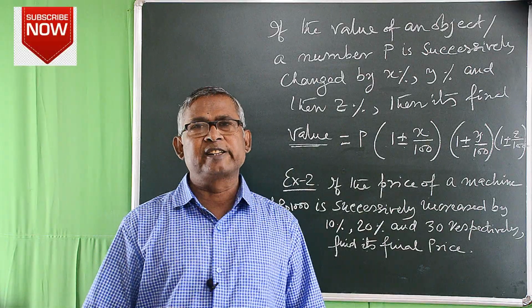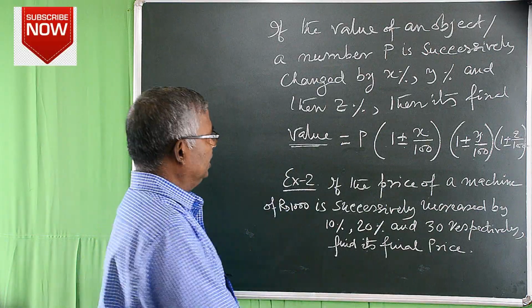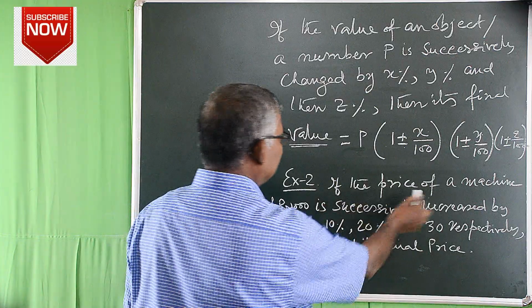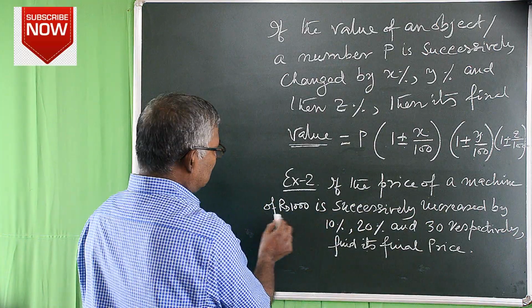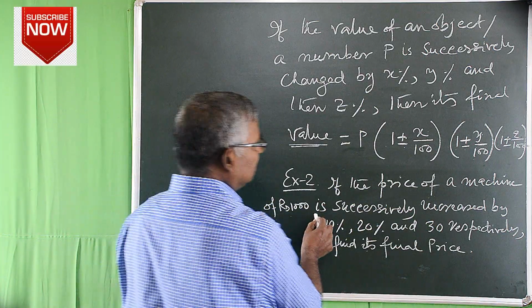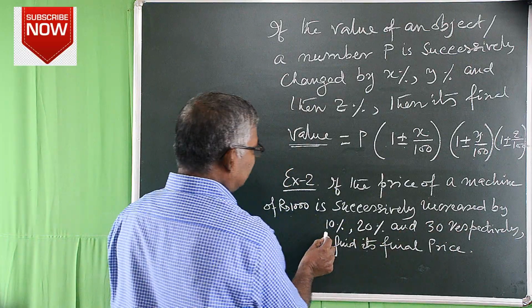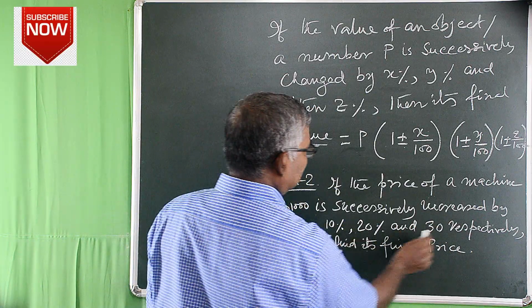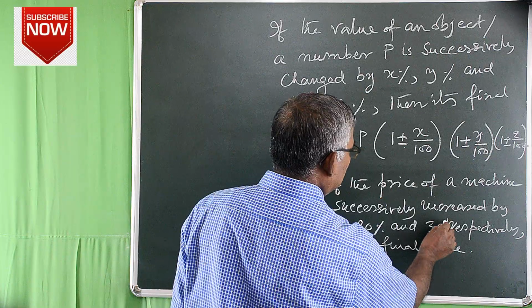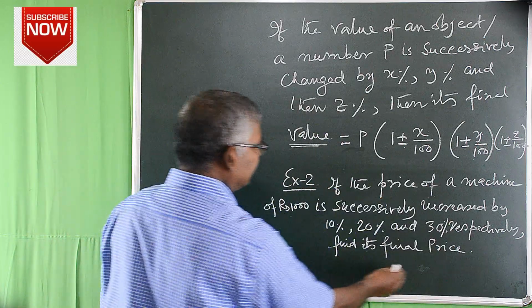Let us consider an example. If the price of a machine of rupees 1000 is successively increased by 10%, 20% and 30% respectively, find its final price.